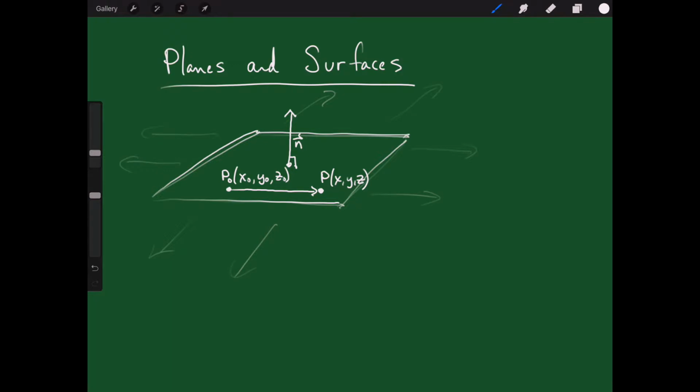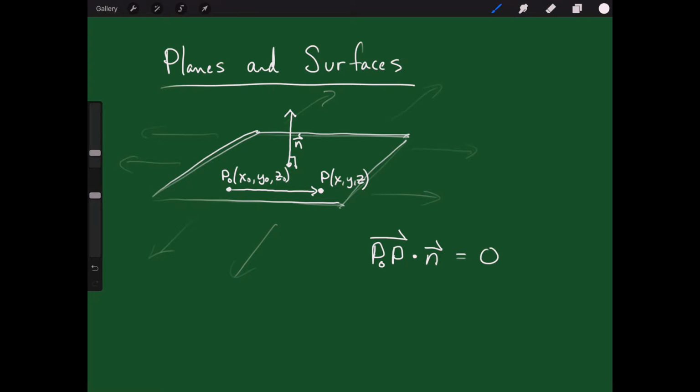Okay, so the first thing that I'd like you to notice is that the vector that's sitting inside the plane, that one would be called P0P. That's the vector that's sitting on top of the plane. We could dot that with the vector n, right? And what should we get out? Well, we should get out 0.